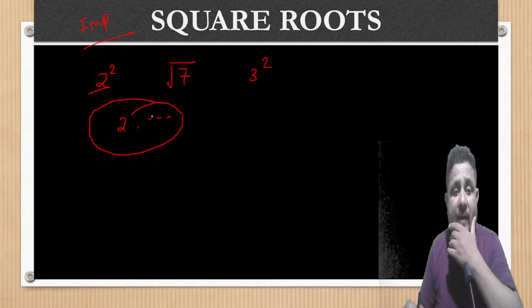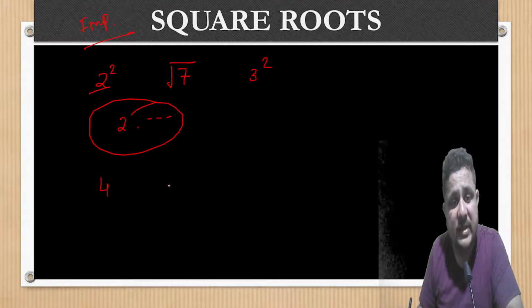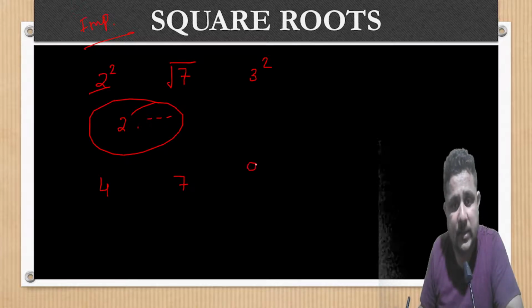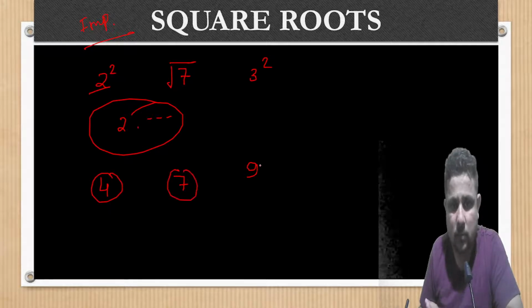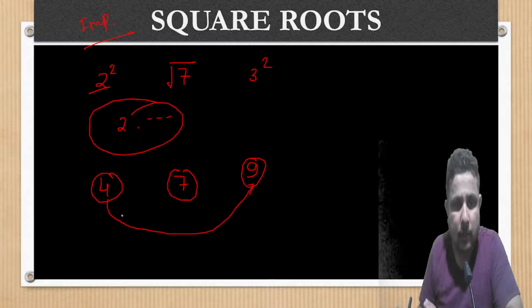Okay, fine. So 2 square means 4, and the square root of 7, I am taking just 7. 3 square means 9. Now just take it as a number. If I want to move from one perfect square to another perfect square value, without decimal, I need to travel 5 steps.